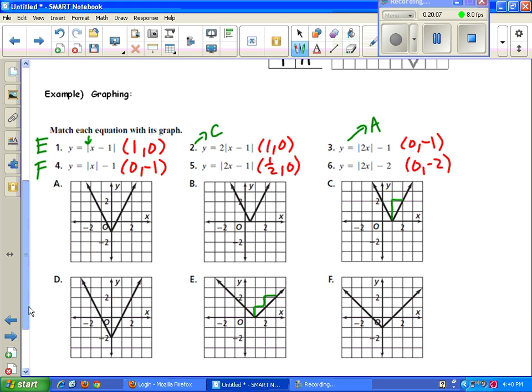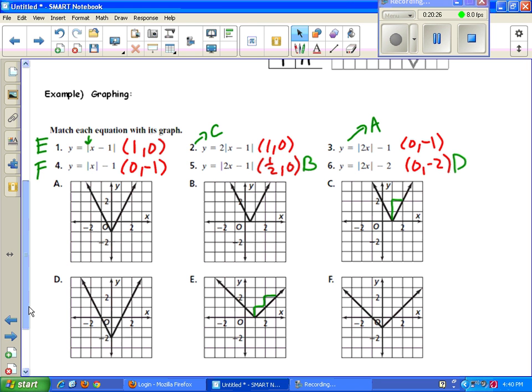And then for number 5, I have 1/2, 0. So the only one that has 1/2 for the vertex is B. And then for graph number 6, we just have our only choice left, which in this case is answer choice D.